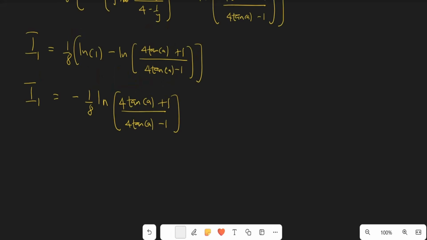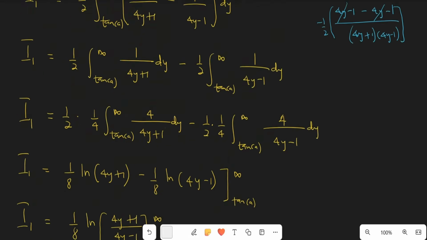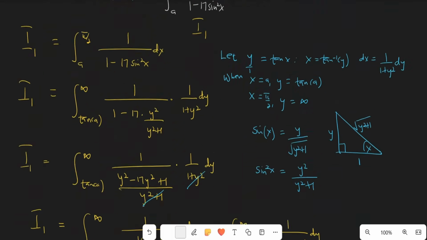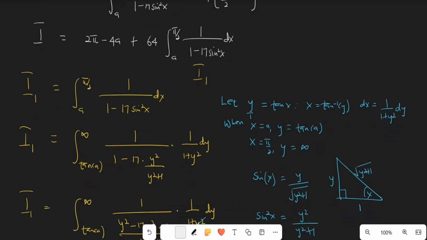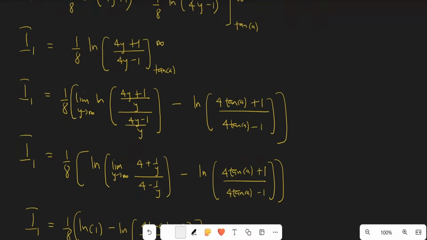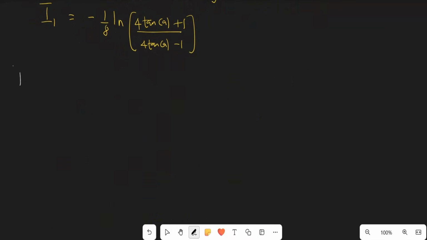Now that we have I1, we can go back and replace it in our integral here. So I is equal to 2 pi minus 4a plus 64 times I1.